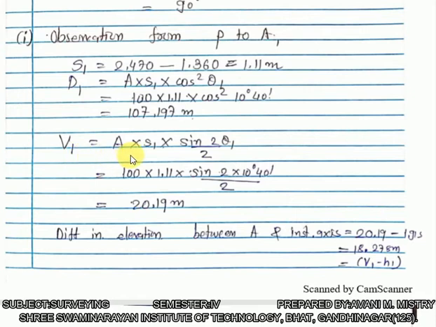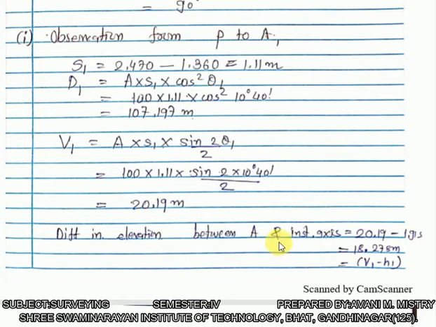Formula of V1 is equal to A·S1·sin 2θ1/2 + B sinθ. The value of B is 0, therefore this term is 0, and we have V1 = A·S1·sin 2θ1 divided by 2, and we get the value of V1 is equal to 20.19.